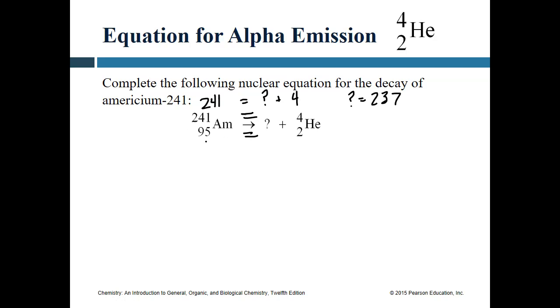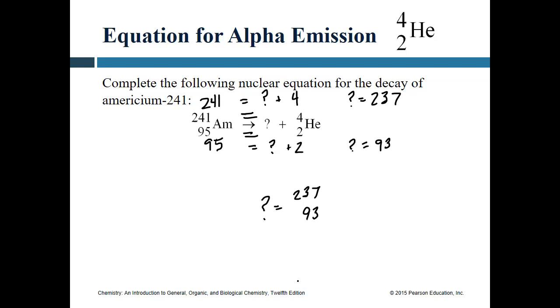If I look at the atomic number, again, I've got 95 for the americium here. 95 is equal to our mystery atomic number plus 2. Subtract 2 from both sides. My mystery number is going to be 93. So my mystery particle has a mass number of 237 and an atomic number of 93.